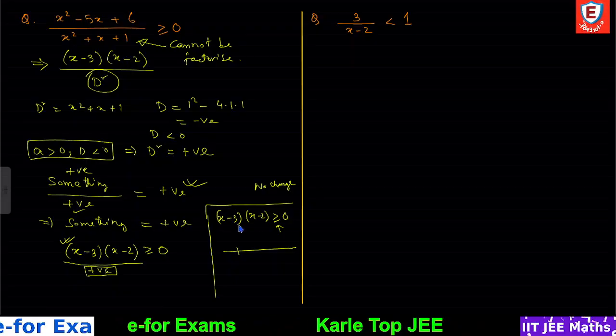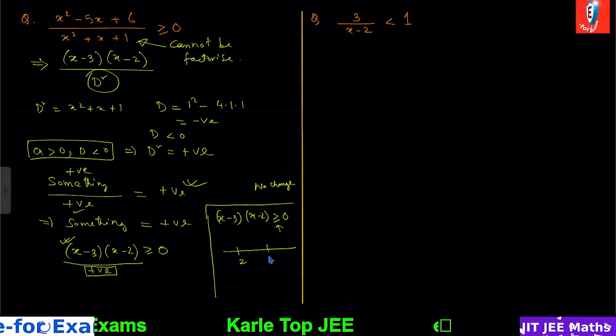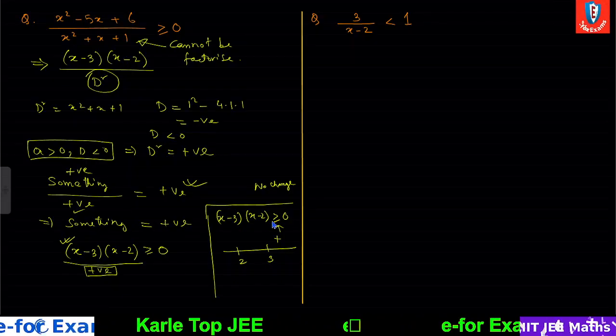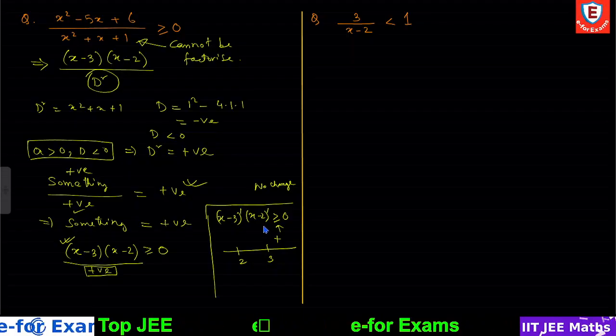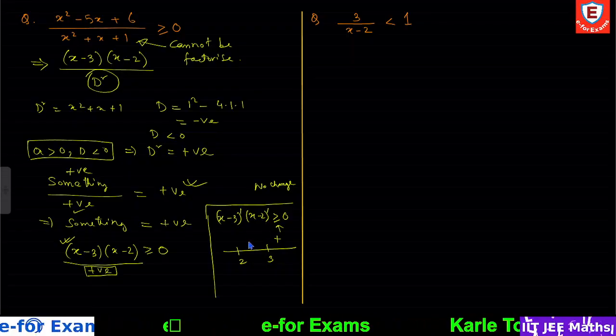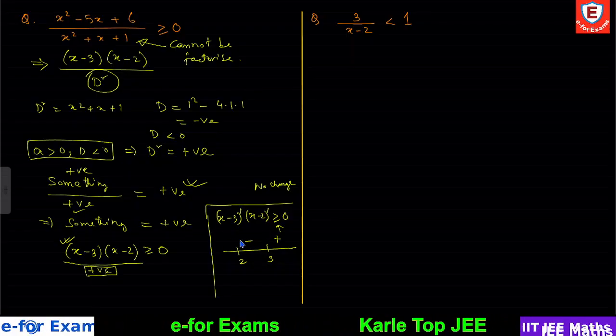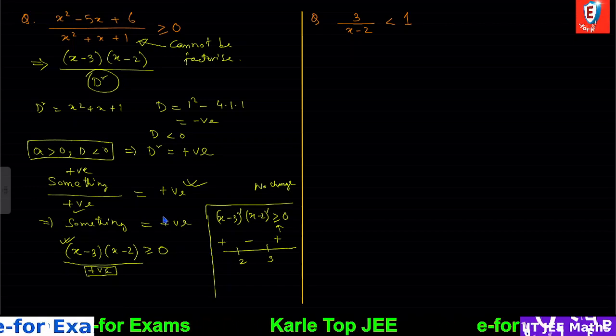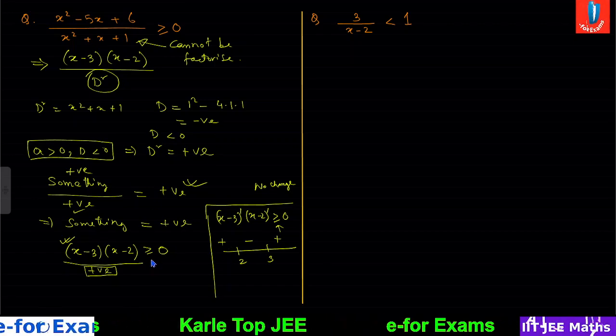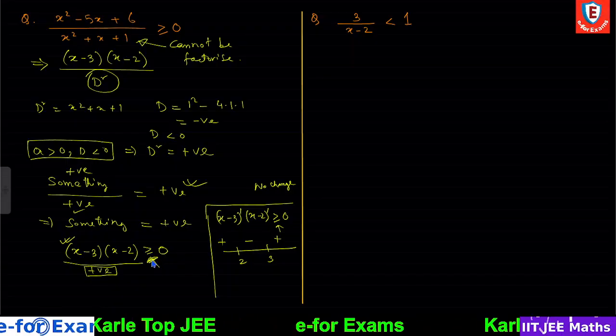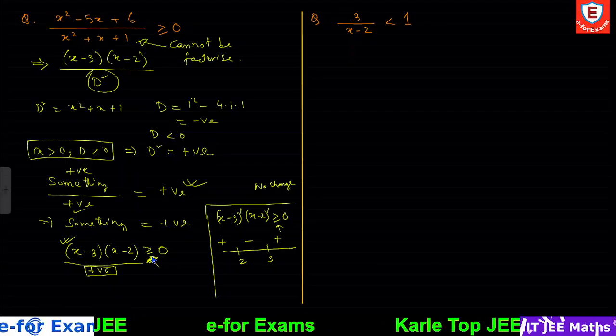Now you can plot. For this is 3, for this is 2, 2 and 3. Positive here, power is all 1. Power 1 means the sign will be changed: plus, minus, plus. So check here, it is greater than or equal to 0.